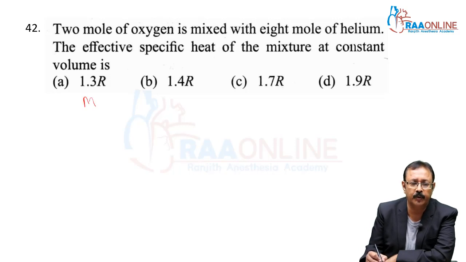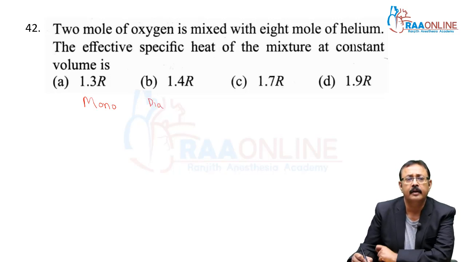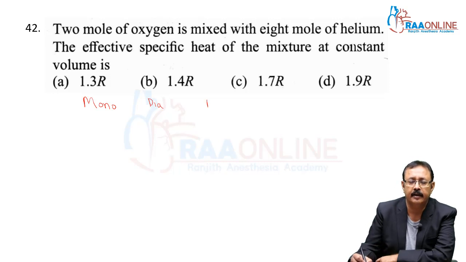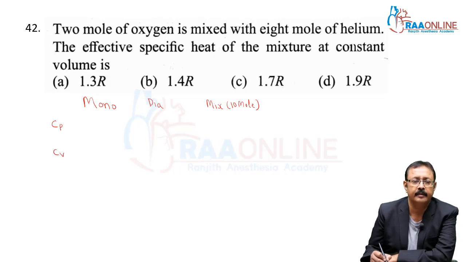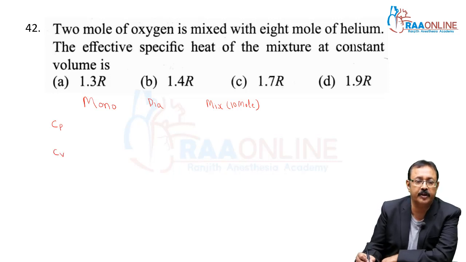We are writing mono here and diatomic at this place, and it is 2 plus 8, the mixture, which is 10 moles. There is Cp and Cv, but not for the mixture yet.